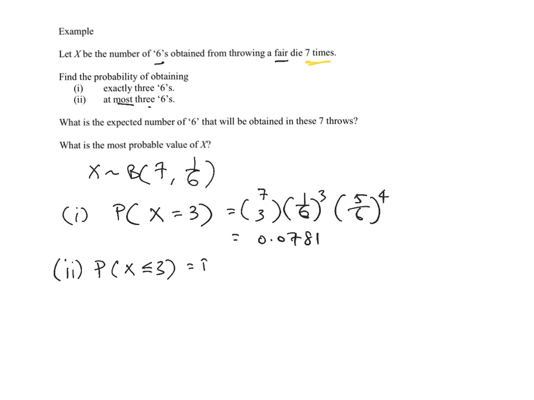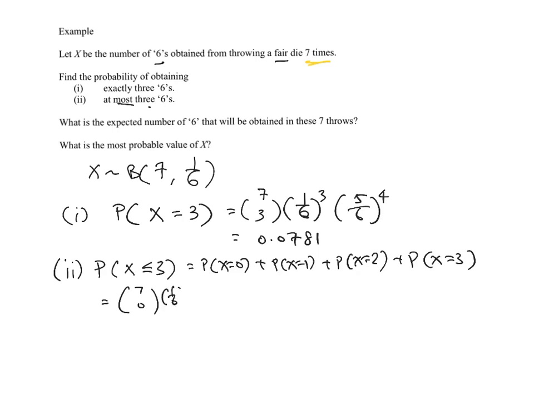So this is the probability X equals 0, plus the probability X equals 1, plus the probability X equals 2, and the probability X equals 3. Probability X equals 0 is 7 choose 0, no successes, 1 over 6 to the power of 0, 5 over 6 to the power of 7. Plus probability X equals 1, 7 choose 1, 1 over 6 to the power of 1, 5 over 6 to the power of 6, and so on and so forth.